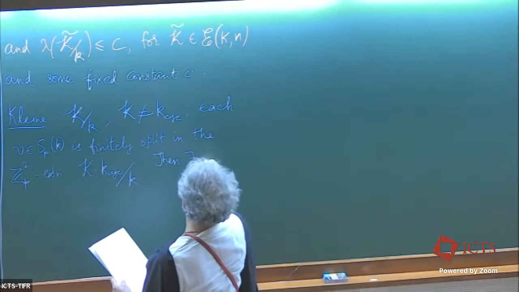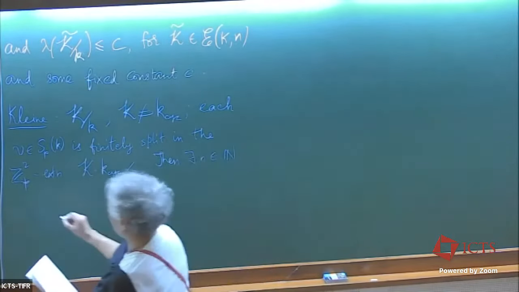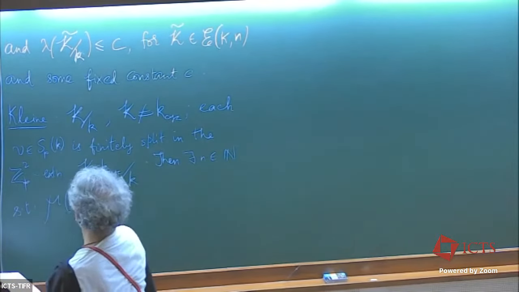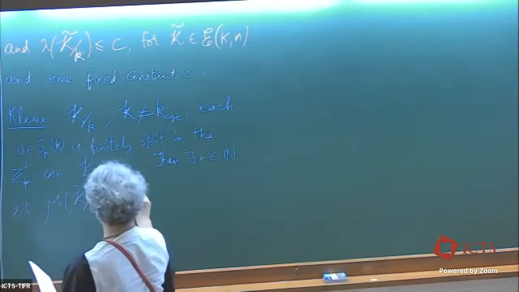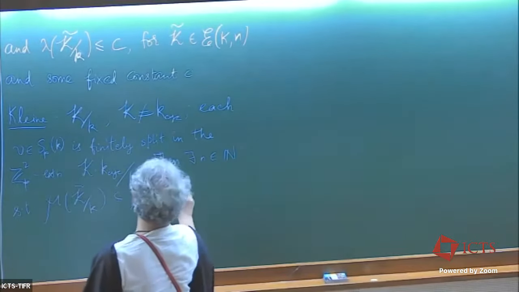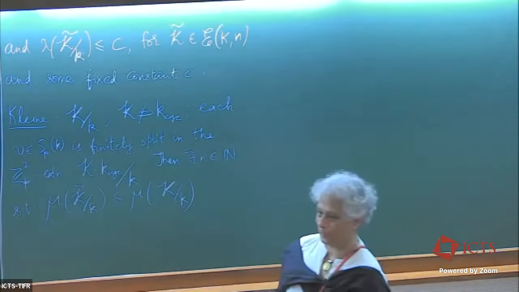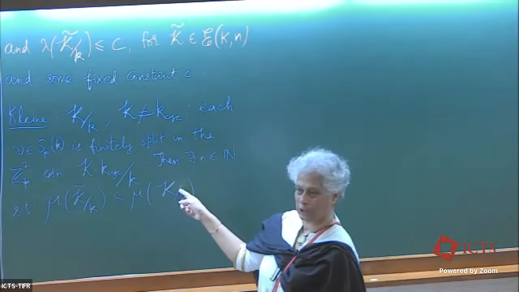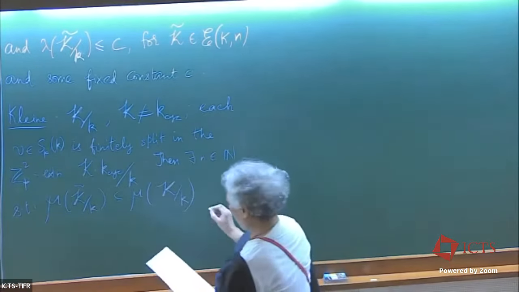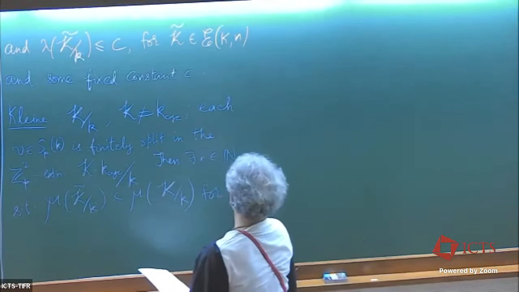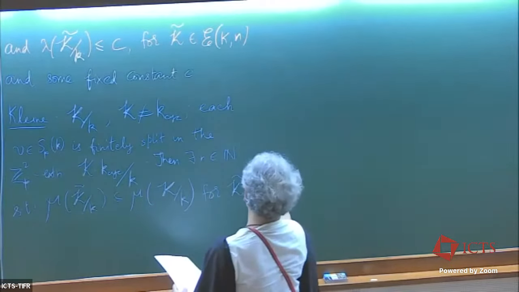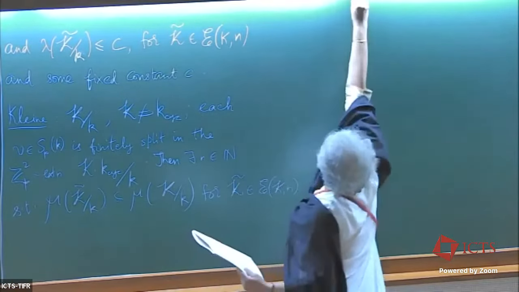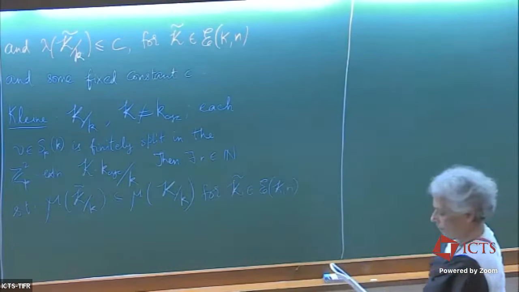And you make this hypothesis, then you have a similar result. Then there exists n in N such that this mu invariant of K tilde over K is less than... Now you see, you got rid of this hypothesis that it is 0. So in a neighborhood, it is bounded by the mu invariant of your original K. For K tilde in this neighborhood, some, what did I call it, K_n.